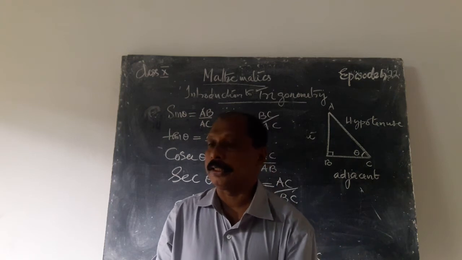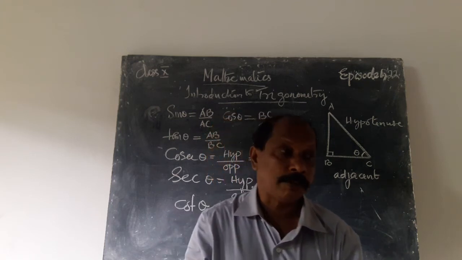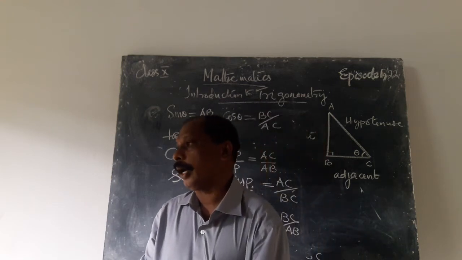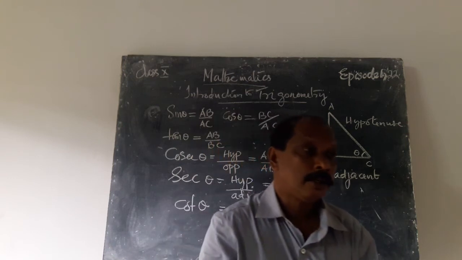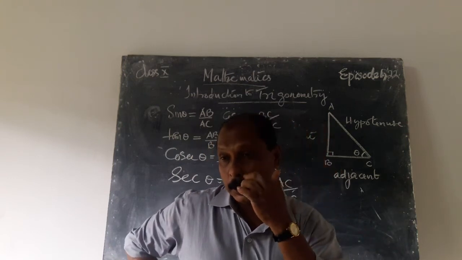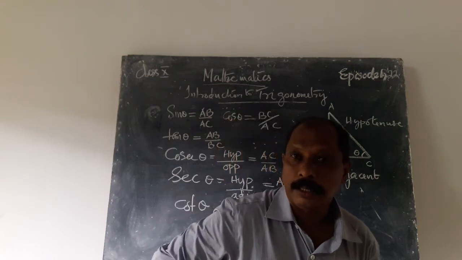Therefore, cosec theta is equal to hypotenuse by opposite side, from figure it is AC by AB. Sec theta is equal to hypotenuse by adjacent side, from figure it is AC by BC. And cot theta is equal to adjacent side by opposite side, that is BC by AB.